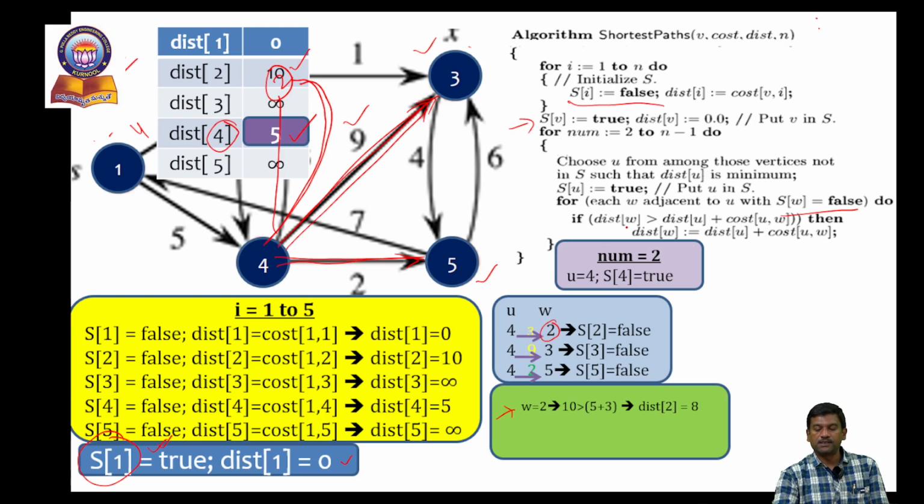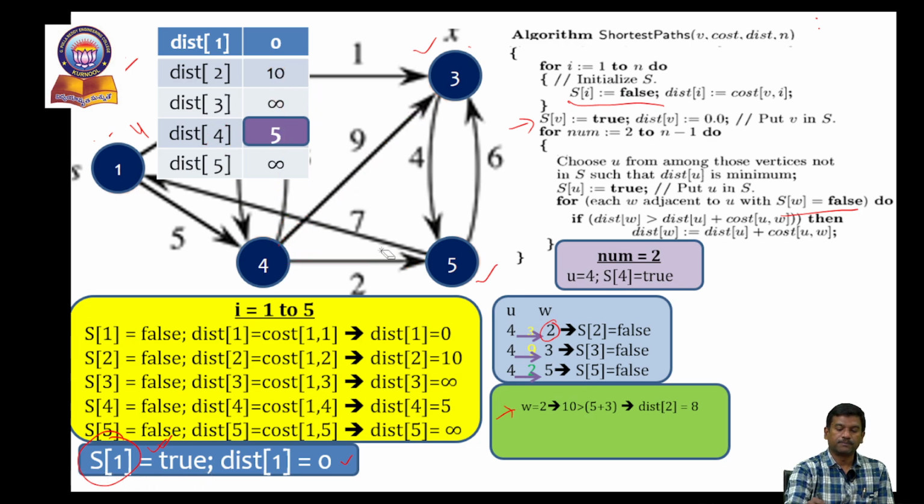So what is this distance of w? That is distance of 2. According to this case, distance of 2 is equal to 10. You can observe distance of 2 is equal to 10, the same thing is represented. And the next one is greater than distance of u plus cost of u comma w. So what is the value of u? U indicates the value 4.